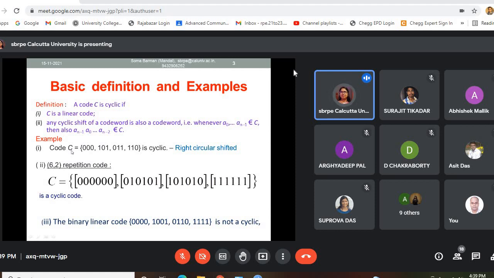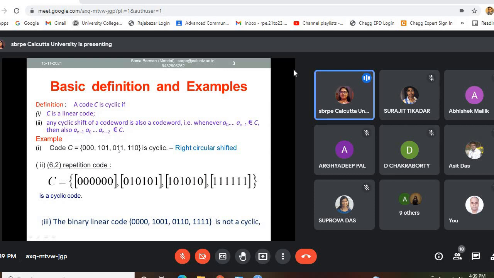One property of the linear block code is that within the code words there should be a zero word. So this zero word is within C. And for the cyclic shift property, if I take 101 and right shift it, what will it be? That will be the right circular shift.